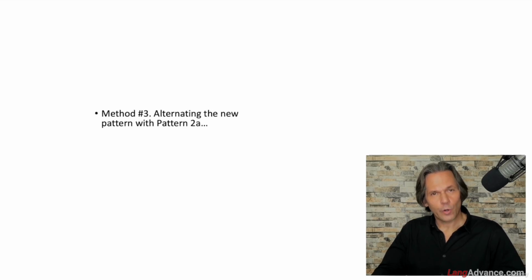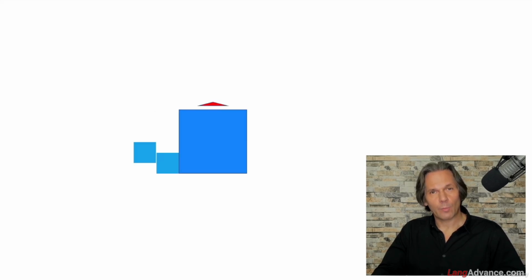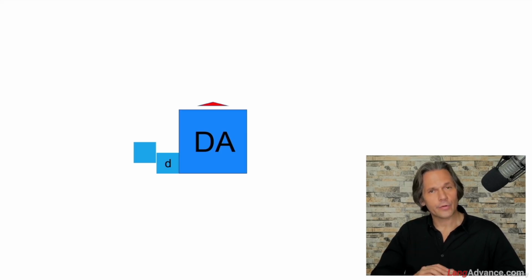Another useful way to approach this pattern is by alternating it with pattern 2A. Here's our diagram representing pattern 3C, but let's just focus on the second and third syllables. We'll keep the blue boxes there for the first syllable, but we're not going to say anything at first. At first, we'll just say da, and then we'll write in a sound for the first syllable, and we'll say that pattern.